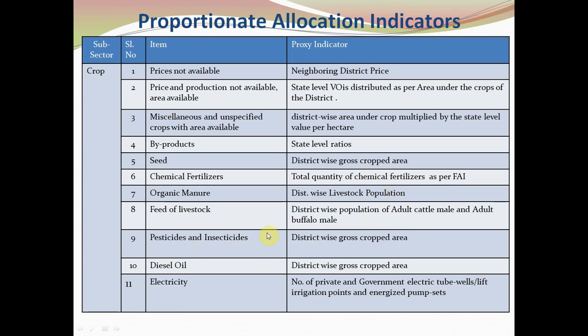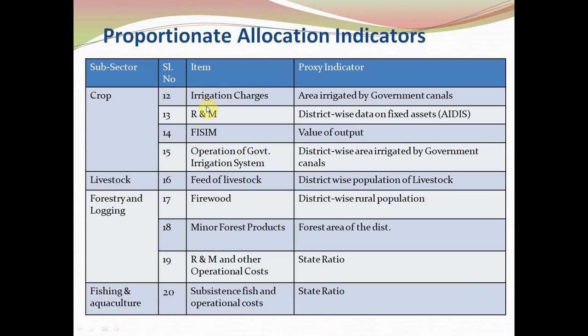For pesticides and insecticides, district-wise gross cropped area is taken. In case of diesel oil, district-wise gross cropped area is taken as proxy indicator. In case of electricity, number of private and government electric tube wells, lift irrigation points and energized sets can be used as proxy indicator. In case of irrigation charges, area irrigated by government canals can be used.